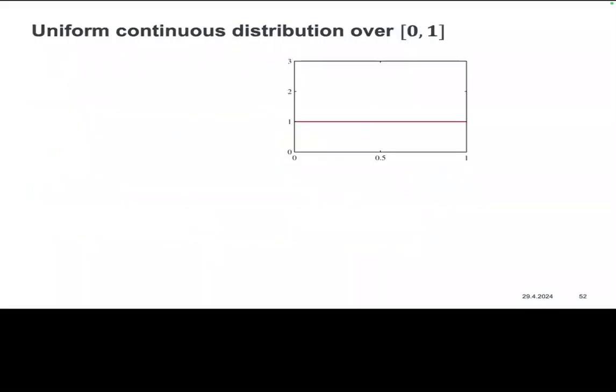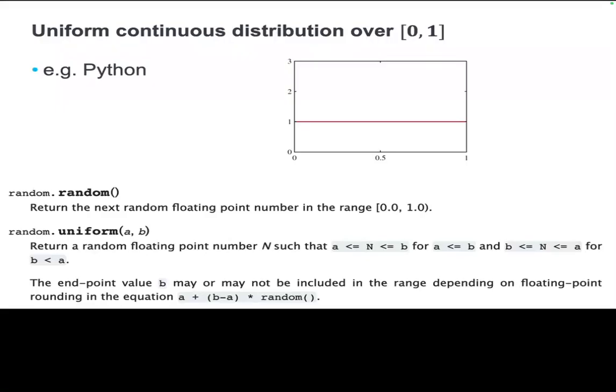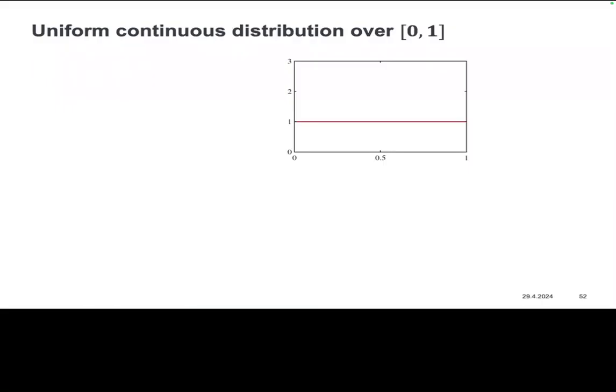Now, there are a number of noteworthy continuous distributions over this real line. One is the uniform continuous distribution over a limited interval. For example, here, the uniform continuous distribution over 0 and 1. How could we describe this as a probability density function?